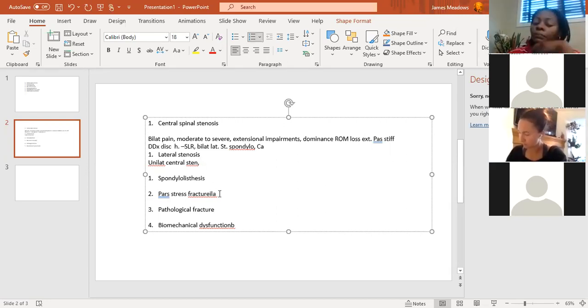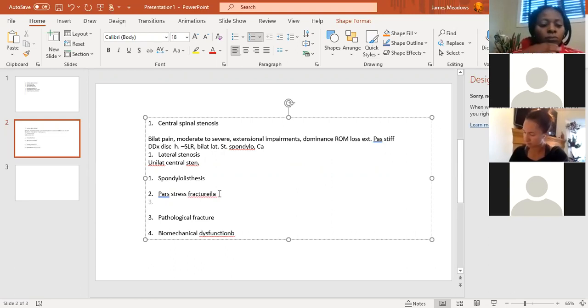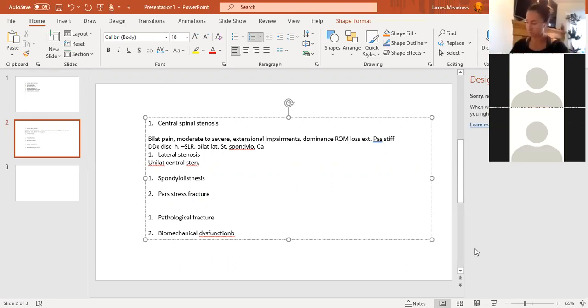Okay, spondylolisthesis we've done basically. Now, stress fracture. Now let's start off with, let's go down to the bottom and give you a chance at it first.